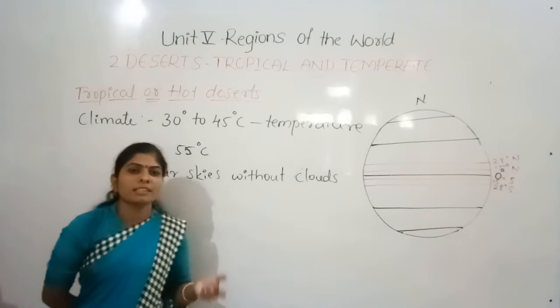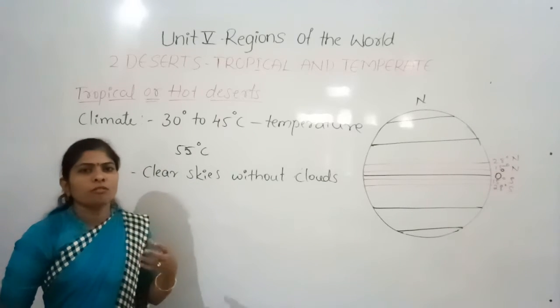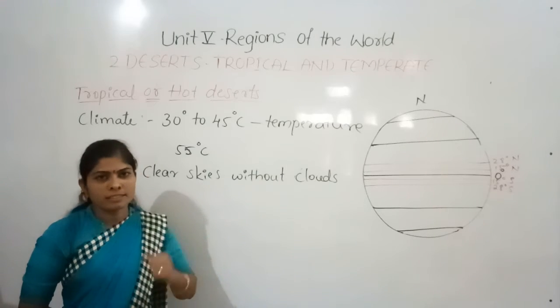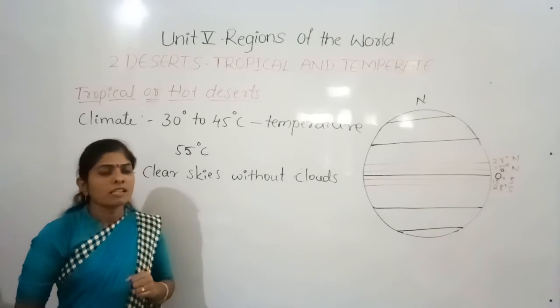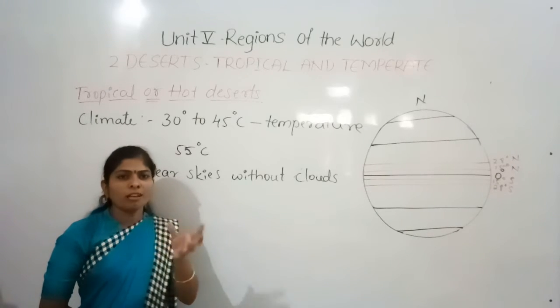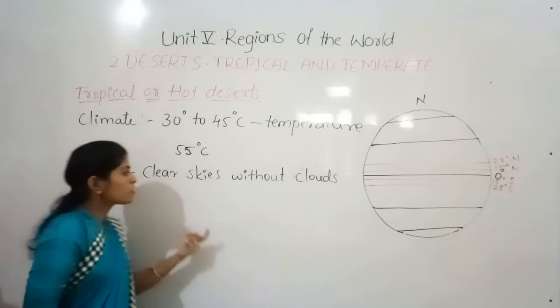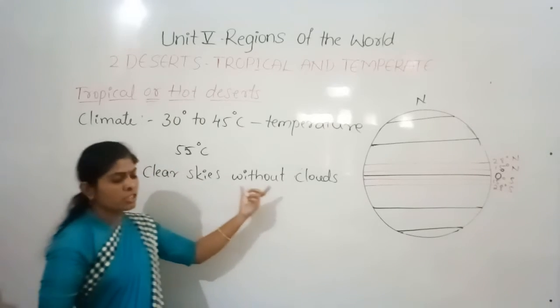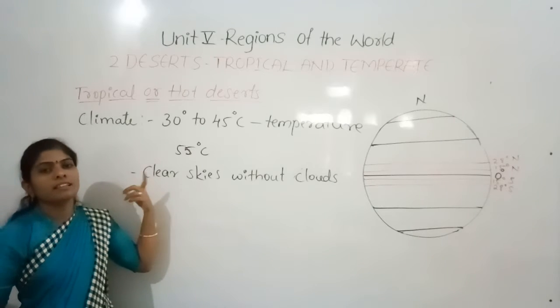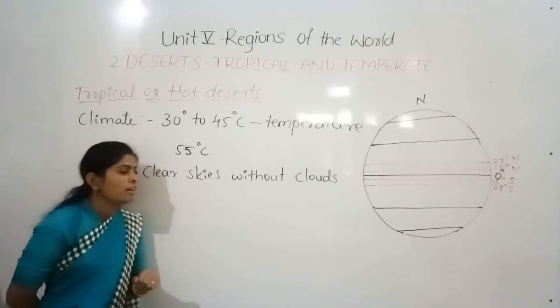Even the plants lose very little water through transpiration, which we can discuss later. Since the level of water is less, no cloud formation takes place, so we can see clear skies in the deserts.